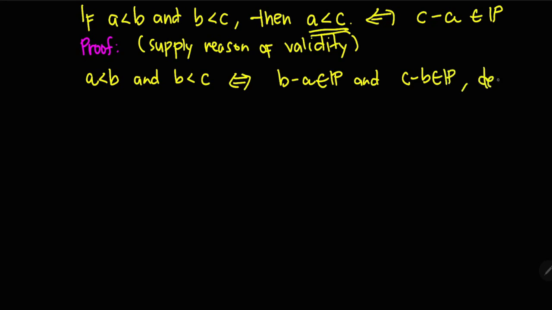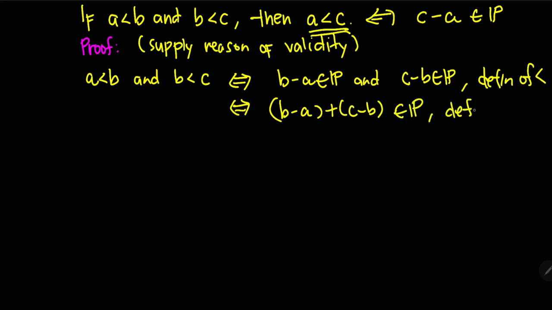Again, that's the definition of the inequality symbol less than. Now, if B minus A and C minus B are both positive, then by definition of the positive numbers, if we get the sum of two positive numbers, the result must also be positive.